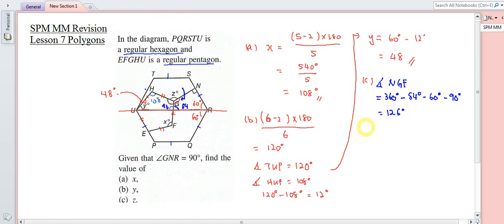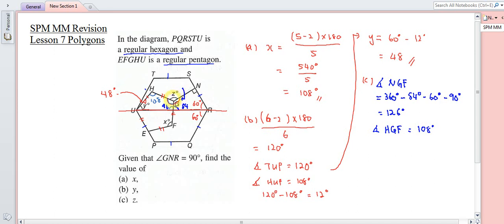And the angle we calculated just now, HGF. Oh sorry, HGF is actually 108, right?